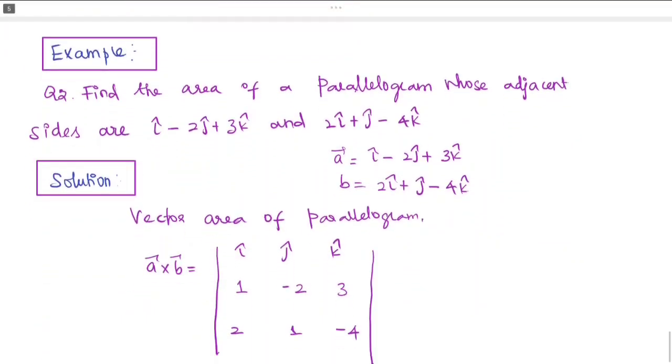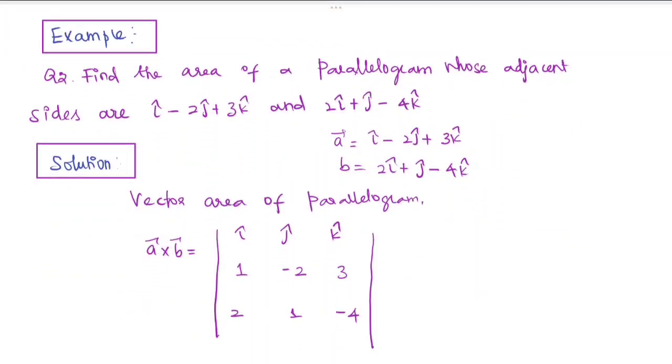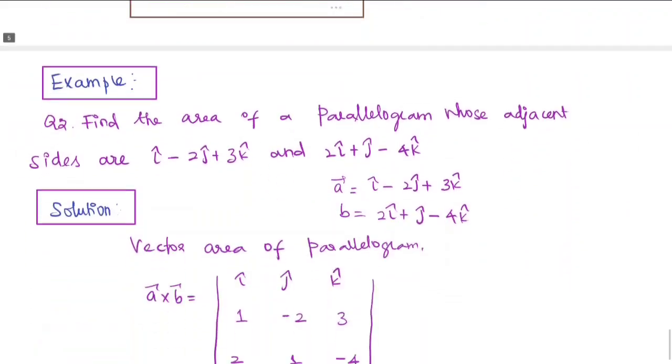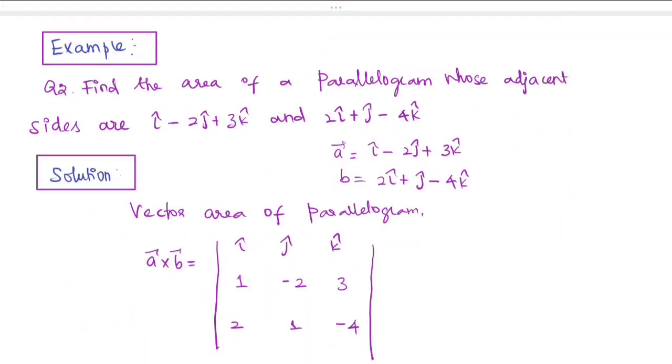So find the area of a parallelogram whose adjacent sides are given as A and B. We know the formula, A cross B, in that form. In this method, just i j k.